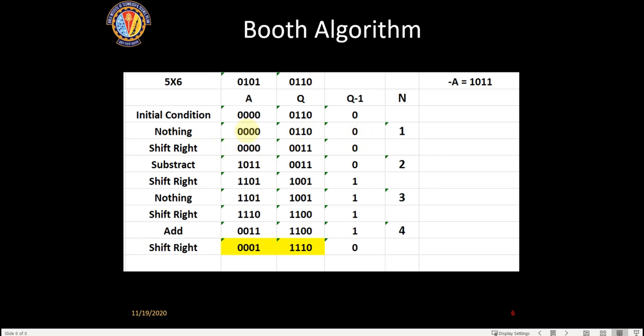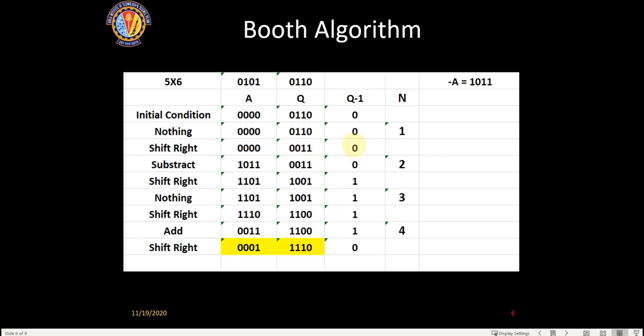Since it is an arithmetic right shift, I will push one more 0 from this side. So 0 has come in, and a 0 comes into the Q. These are connected in series. It has come to Q, and the 0 which was there has got pushed out here. So the first cycle is over.